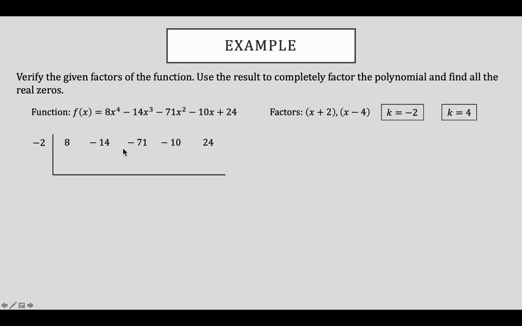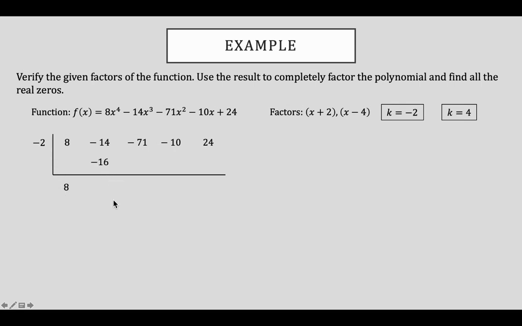So I'm going to put -2 on the outside of my synthetic division box, and on the inside I have each of my coefficients. This is my 8x to the fourth minus 14x cubed minus 71x squared minus 10x plus 24. Again, synthetic division, we add vertically, bring down the 8. 8 times -2 is going to give me -16.